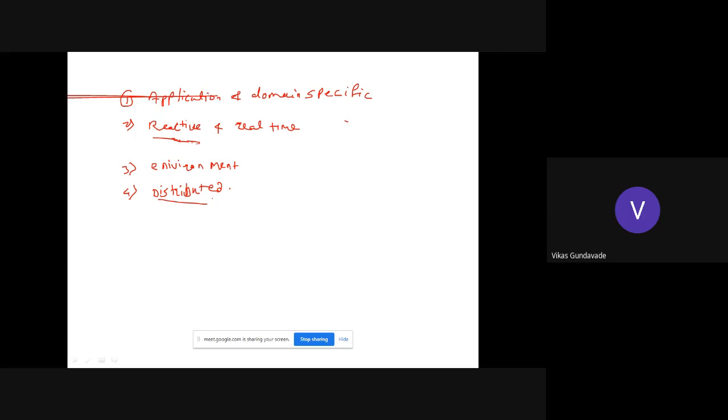Then also we have seen one more characteristic, that is small size and weight. While designing the embedded system, the user needs to consider the size and weight of the embedded system also. It is called product aesthetics.